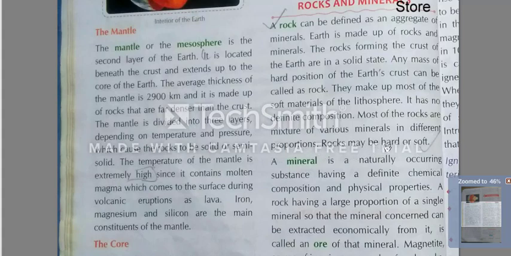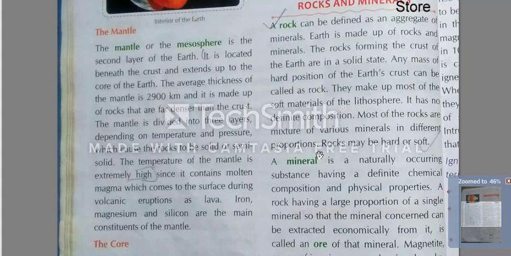Rocks may be hard or soft. It depends on the minerals, on the chemical or physical reaction.